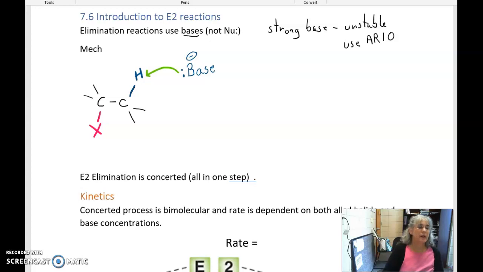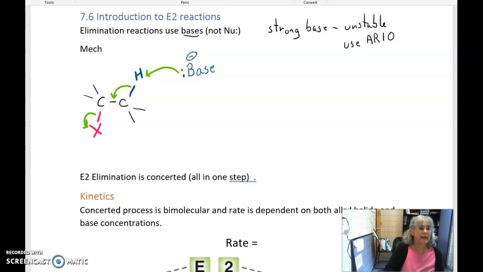The electrons that were attaching the carbon to the hydrogen, and they're blue here, are going to go and make a pi bond. That would give this carbon 5 bonds, and that can't happen. So the electrons that attach the carbon to this halogen will have to go with it.